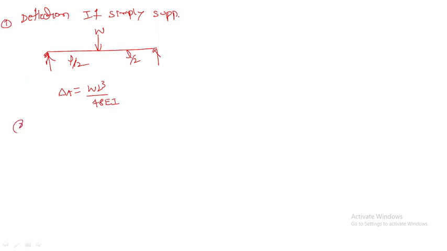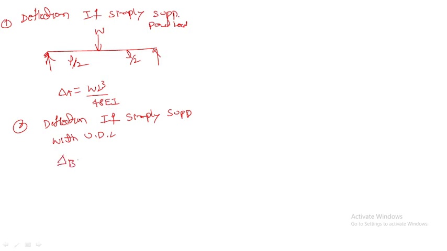Now the second one: deflection of a simply supported beam carrying a uniformly distributed load. Deflection, if simply supported with UDL; this was the point load. So what is the formula?